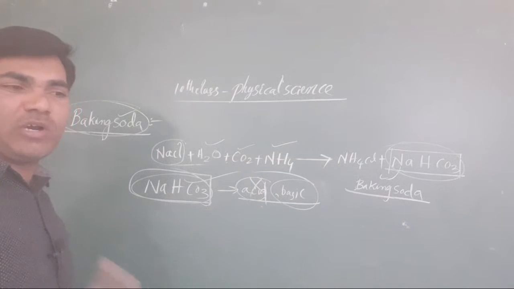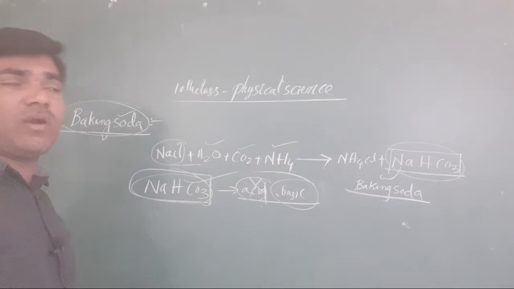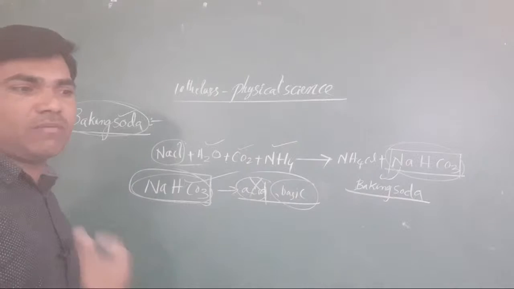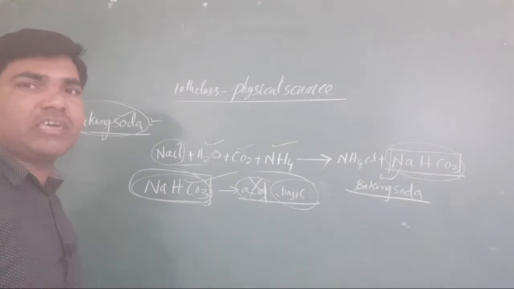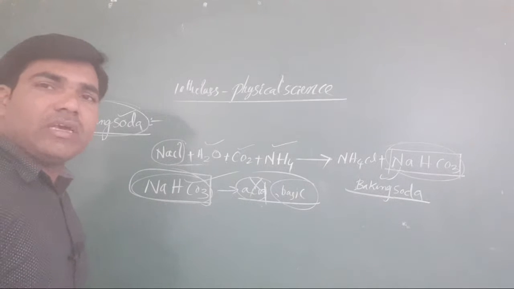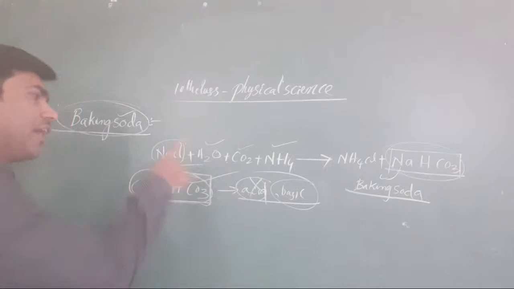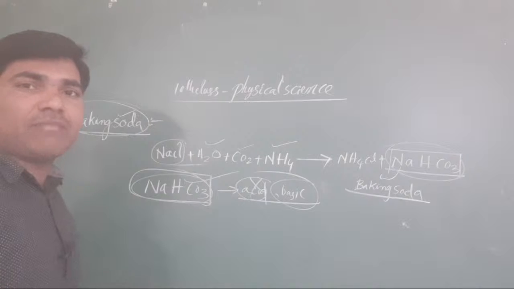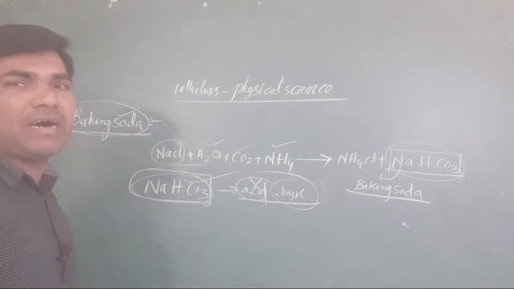You know very well what a reagent is: it makes the reaction fast when we add the reagent to chemical substances. Here also, when we add baking soda to the cooking material, the material gets cooked very fast.